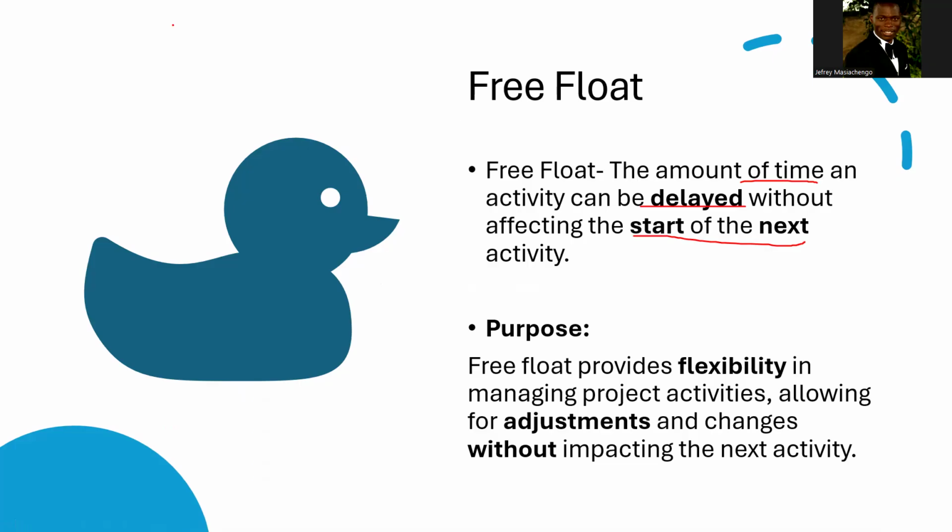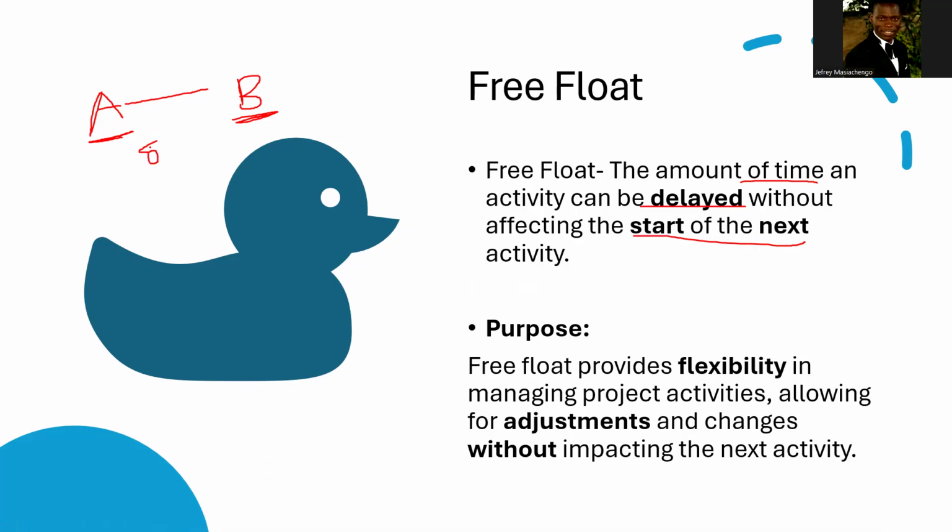So let's say we have activity A, and activity B follows A. In this case, we are looking at the amount of time that we can delay A without delaying the start of B. So if you calculate, you happen to find that the free float in this case is 8.